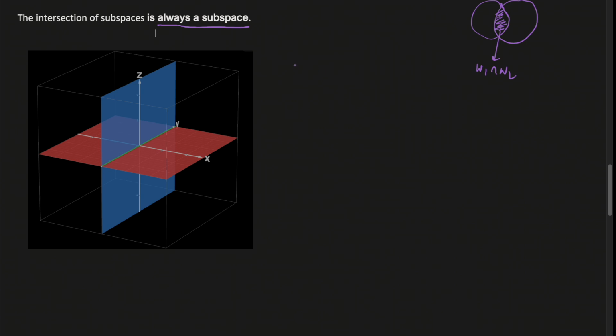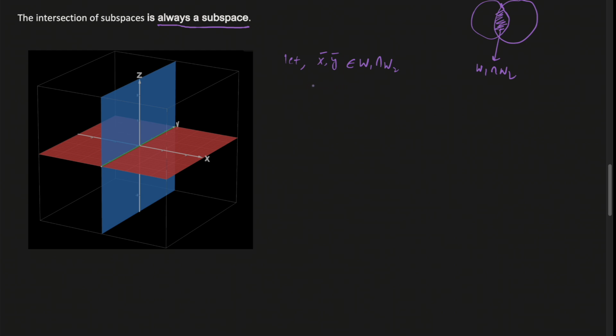Let us suppose we take two elements x and y belonging to the intersection of the two subspaces W1 and W2. For W1 intersection W2 to be a valid subspace, the linear combination of any two vectors should also belong to W1 intersection W2.